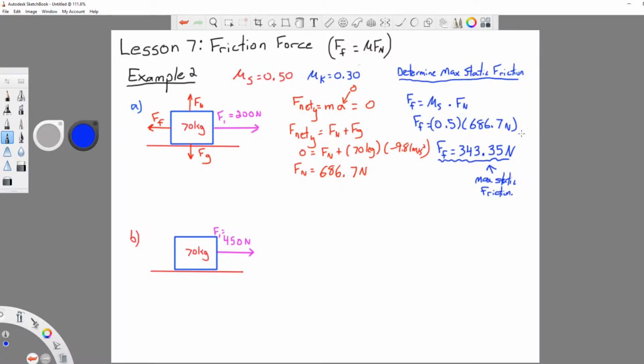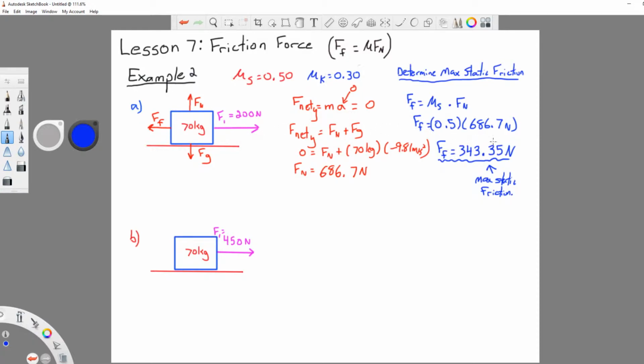So, this value that we solve for, and I'm going to go ahead and say that this is probably a fairly common mistake, is that generally when people get this value, they're just going to go ahead and say, well, I've solved the force of friction here. The force of friction is 343.35 newtons. That's not correct, because this 200 newton value is not enough to get this block moving.